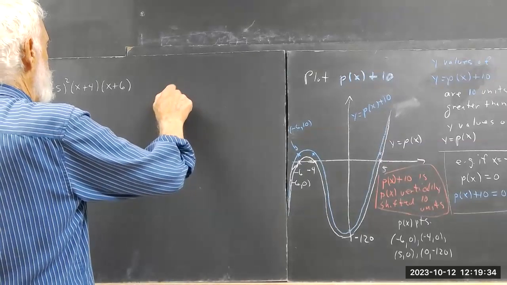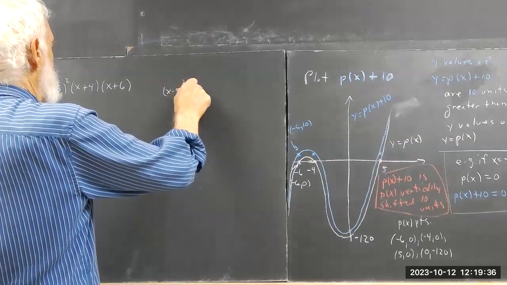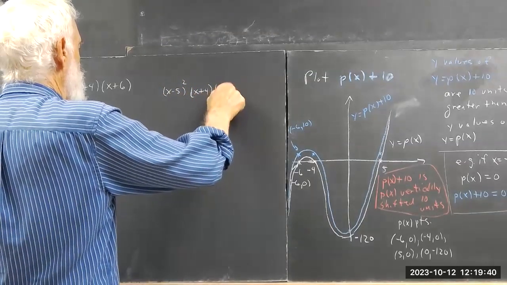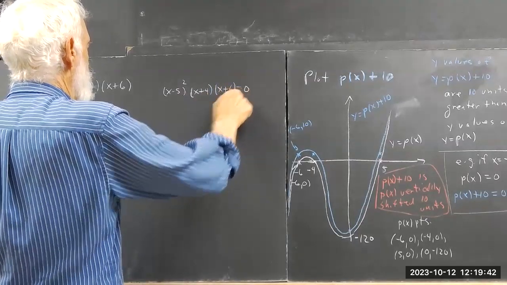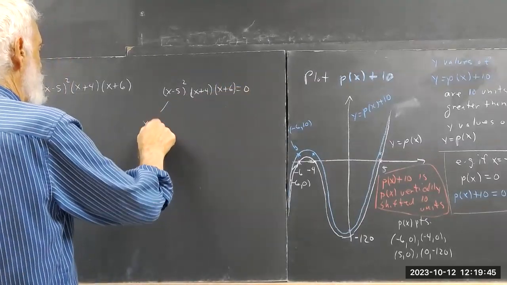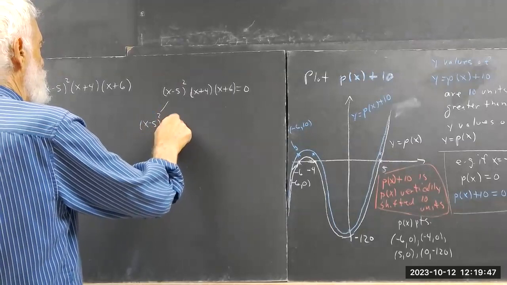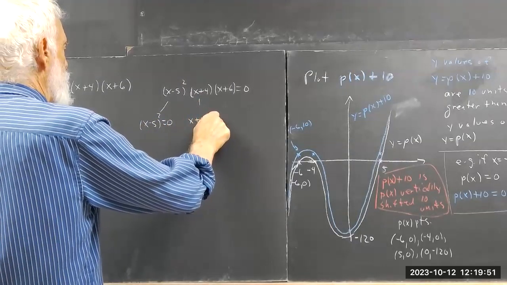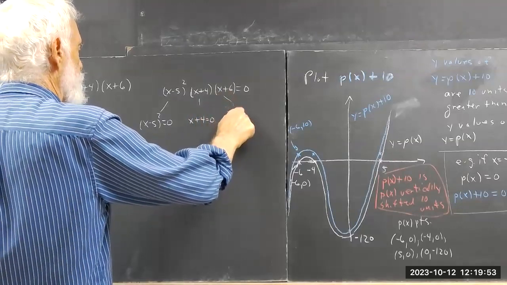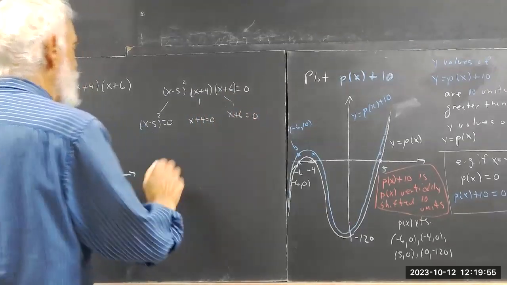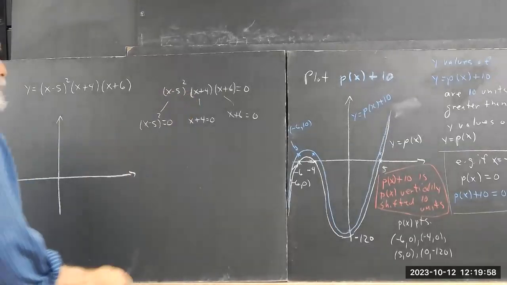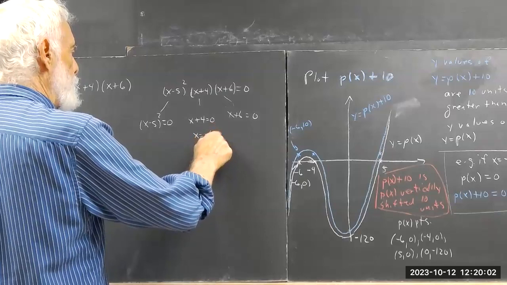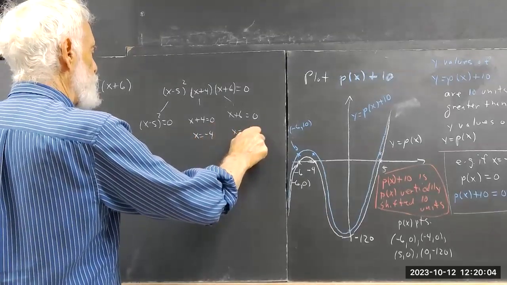Now, we can write out this equation, and the difference we're going to get is x equals negative 4 here, x equals negative 6 here.